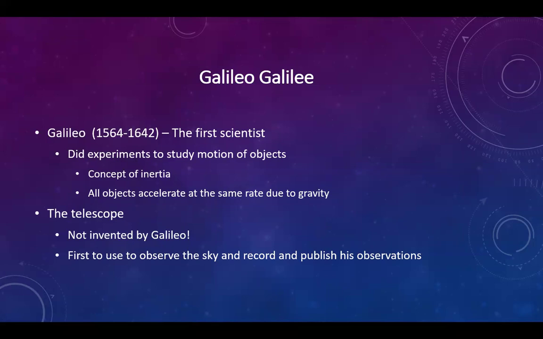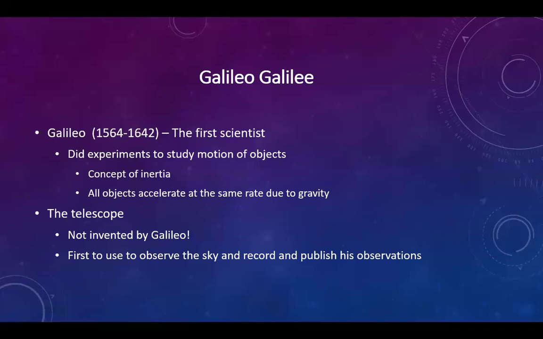He probably wasn't the first person to observe the sky with a telescope because, honestly, who doesn't look up? But he was the first person to actually publish his observations.